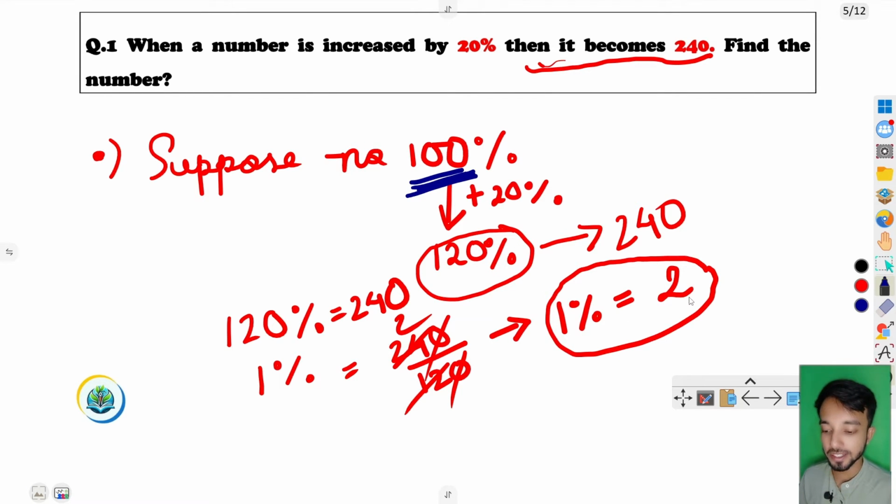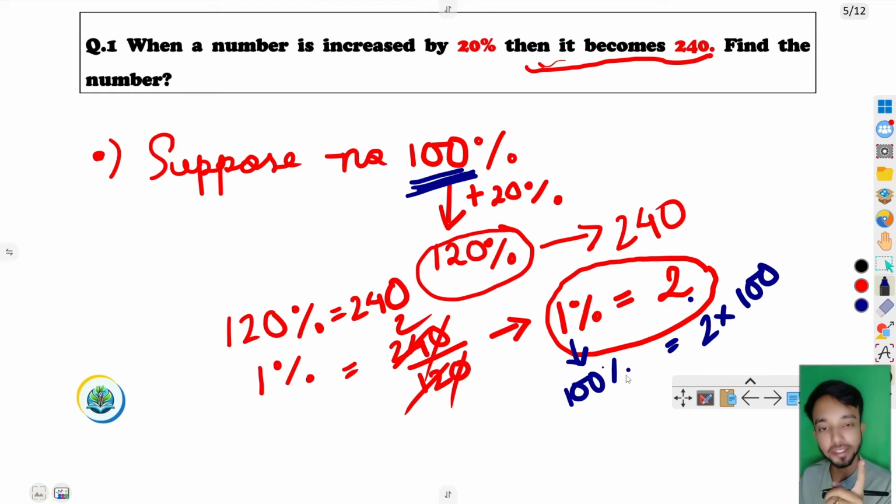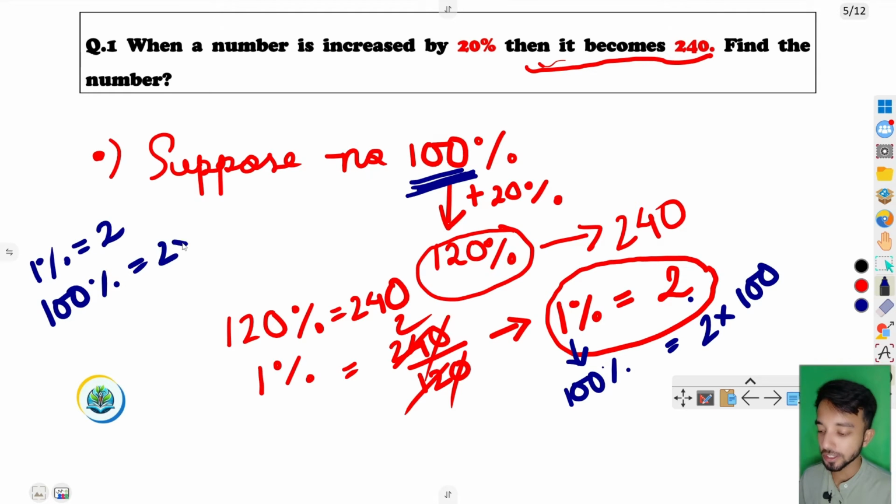So if 1% is 2, then 100% will be 2 into 100. If 1% is equal to 2, then 100% is equal to 2 into 100. We got our answer.